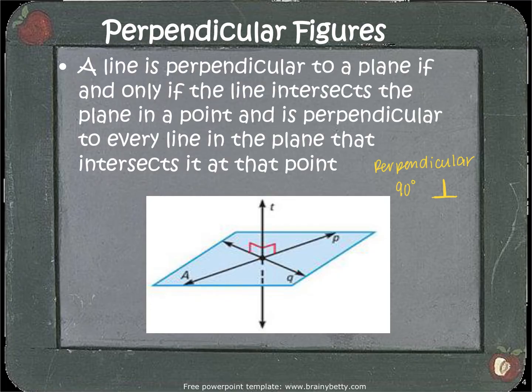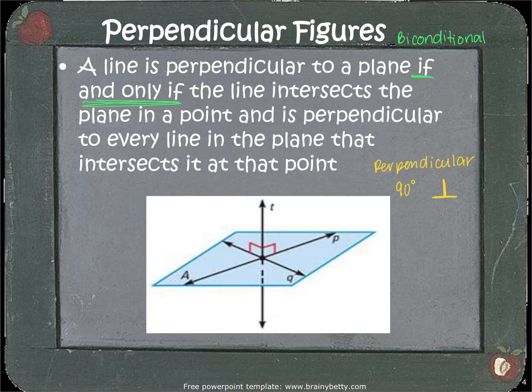Looking at this, first thing I notice is that this says if and only if, which makes this statement biconditional. Biconditional means regardless of which way I say it, it's always going to be true.